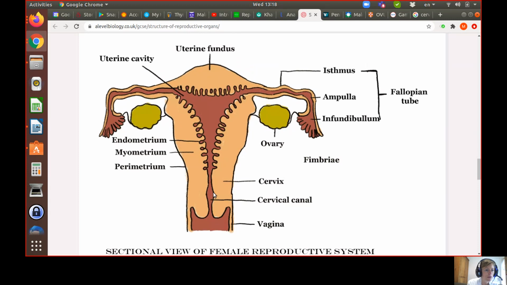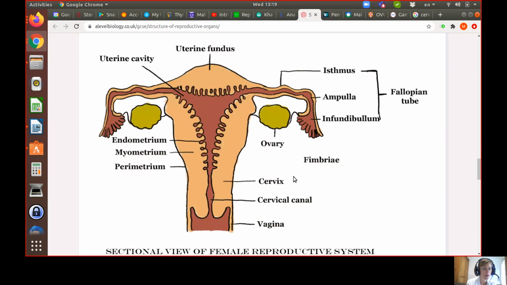So let's recap that again. What is this down here that we've just talked about? The vagina. Very good. And then this little passageway here, what is that? That can change so many times. It can act as a gatekeeper, but it can also become very moist.